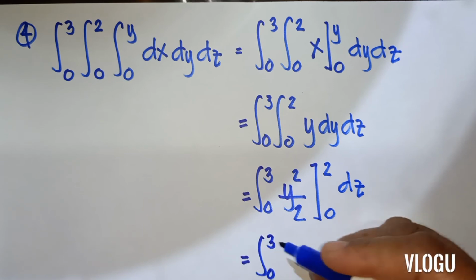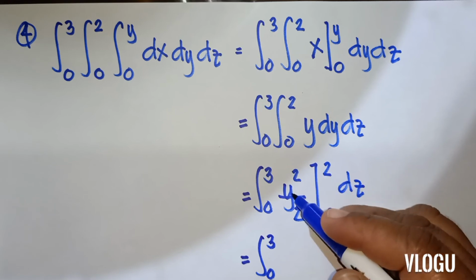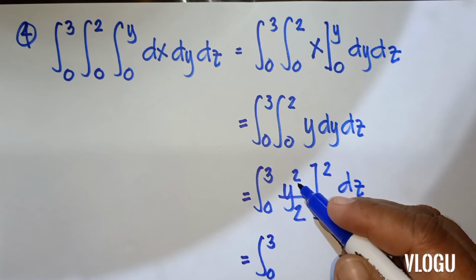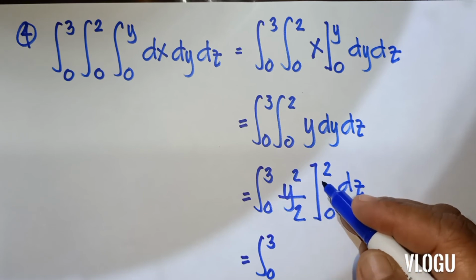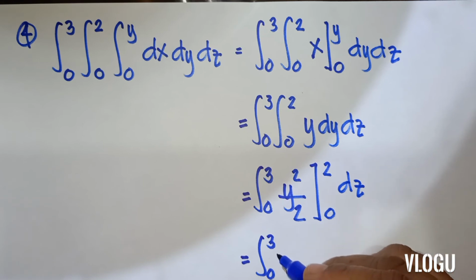Substitute 2 into y squared, so 2 squared becomes 4, divided by 2, so you will have 2 dz.